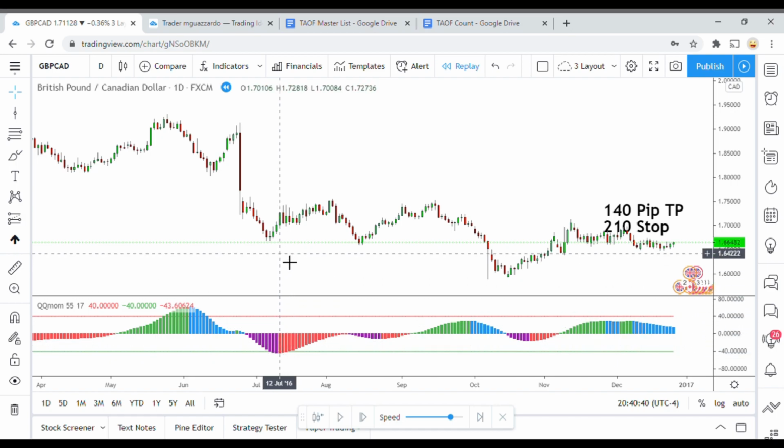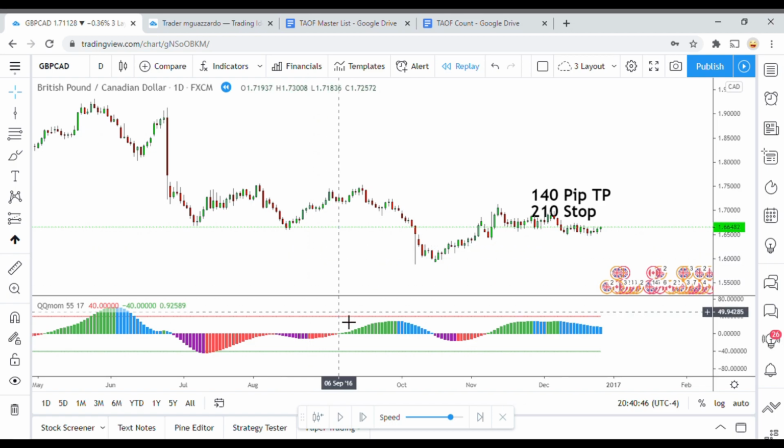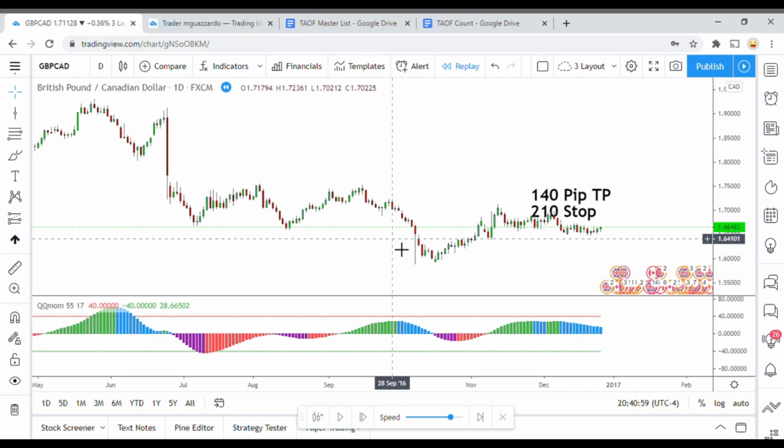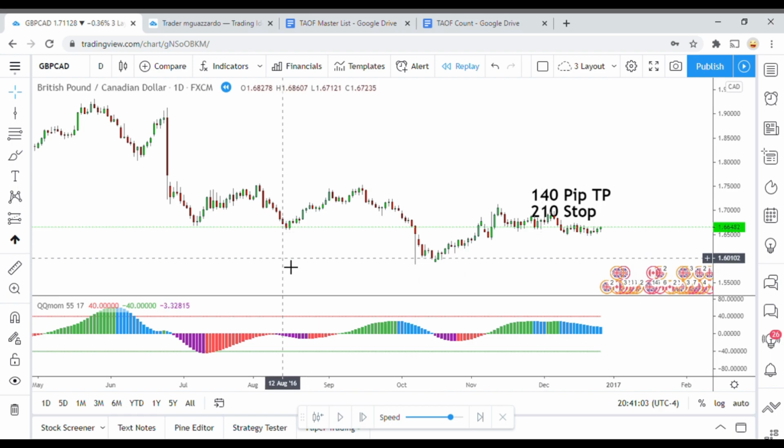At that point, that would be a signal to go long. And same way in reverse. You have the green histogram bars here, and as they are painting green, green, green, and then it switches over to blue, that is a signal to then go short.